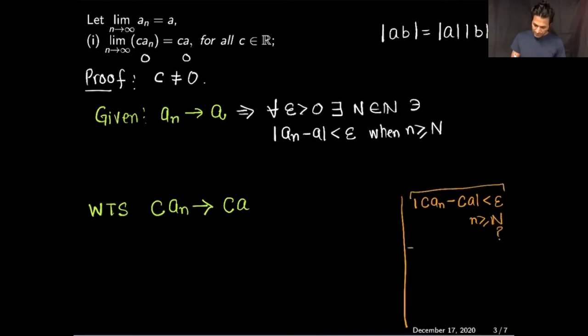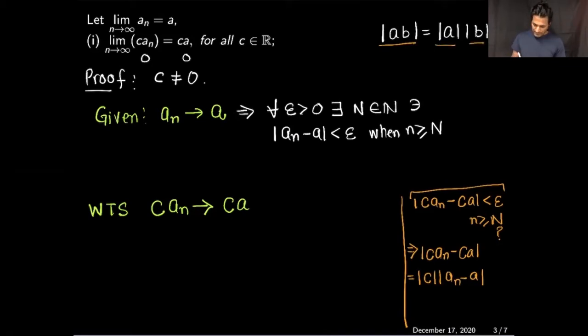I can do some manipulation of the term on the left hand side. So c·a_n minus c·a can be written as the absolute value of c times the absolute value of a_n minus a. Here I use the property that the absolute value of the product of two real numbers is the product of their absolute values.